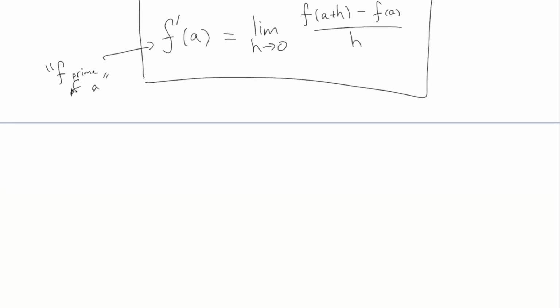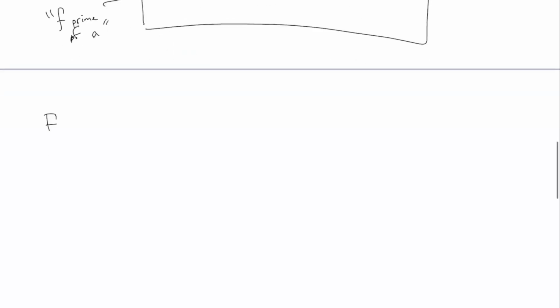These, as I said before, are much more complicated than average rate of change. In my opinion, this is the most complicated thing that we've done so far in the semester. How about this? For f of x equals x squared plus 1, find f prime of 3.